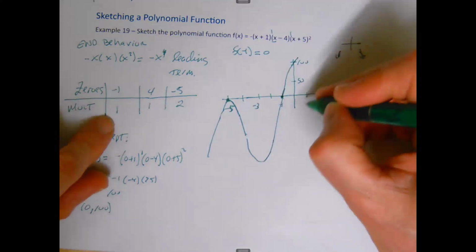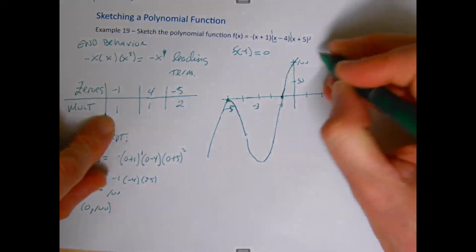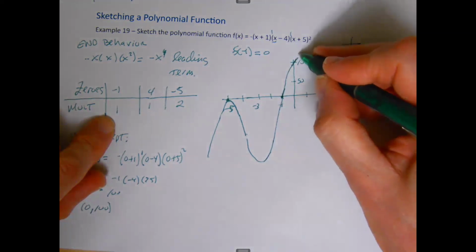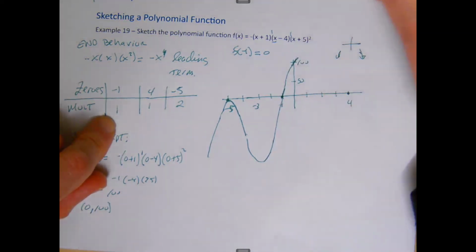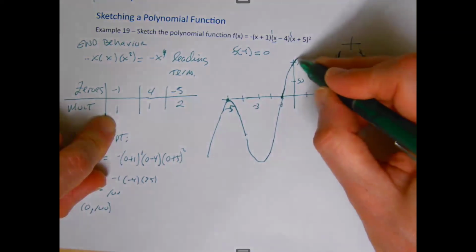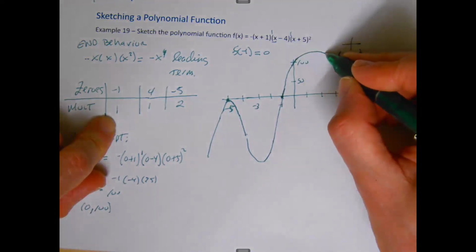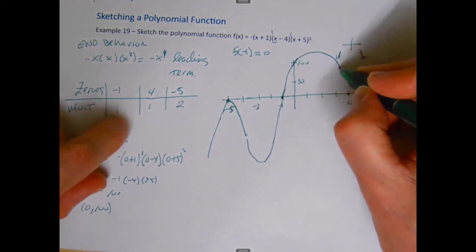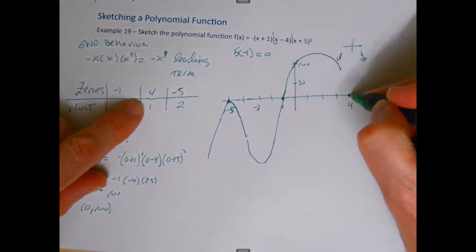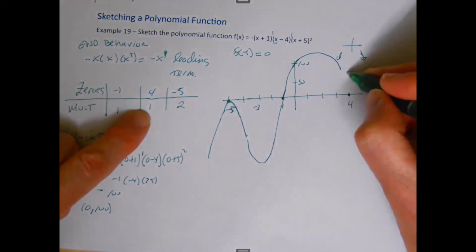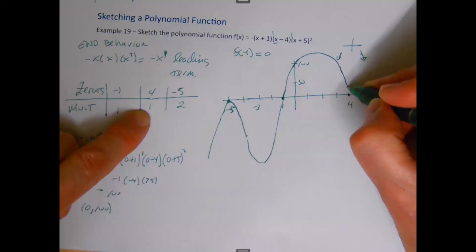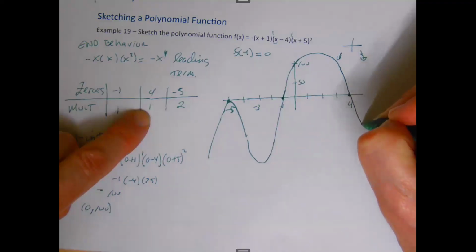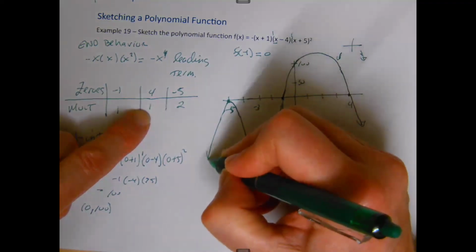But eventually it has to come back down to 4. Most likely this will go way up there, but I'm just trying to do a quick sketch. Eventually it turns back around and heads towards this other zero. Because it's multiplicity 1, it has to go through that. So we'll just go boom. And that will be the end of it.